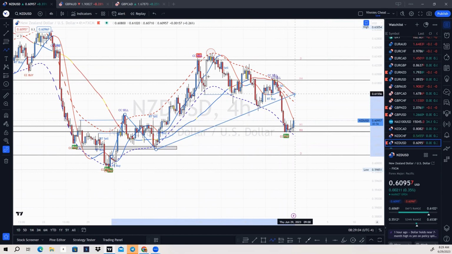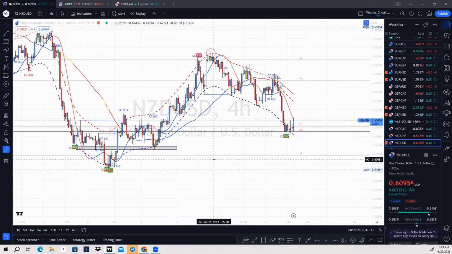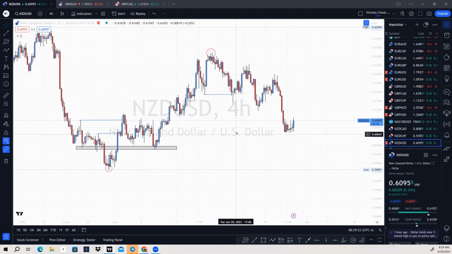So that's another way to identify simple trends within the market, but you need to know market structure, so when you're looking at a chart, you know exactly what you're looking at and you're not confused by the colors and the lines. You need to go ahead and mark your charts naked, and then you can turn on the indicator for confirmation to let you know exactly where you are in the market.